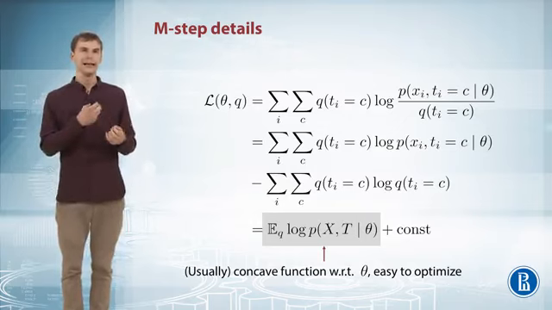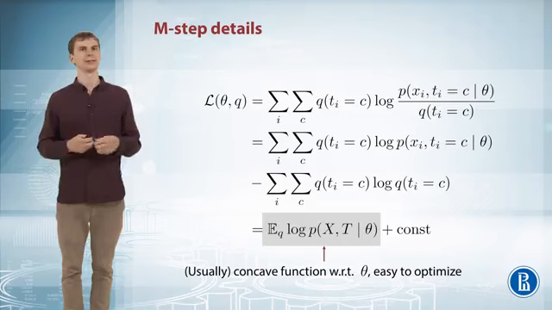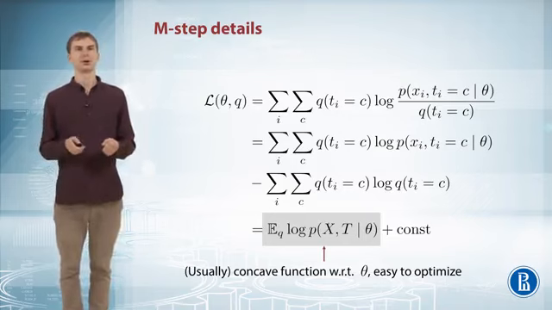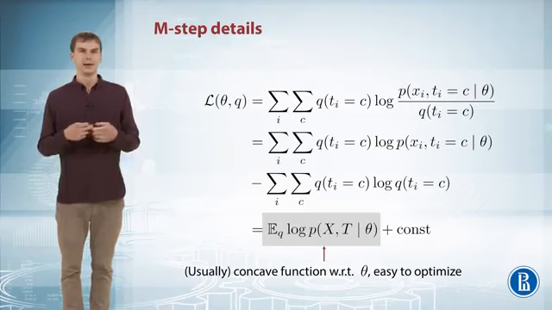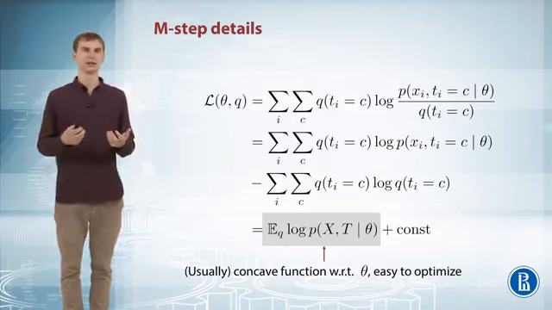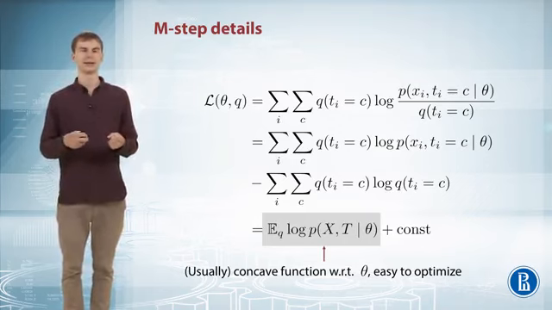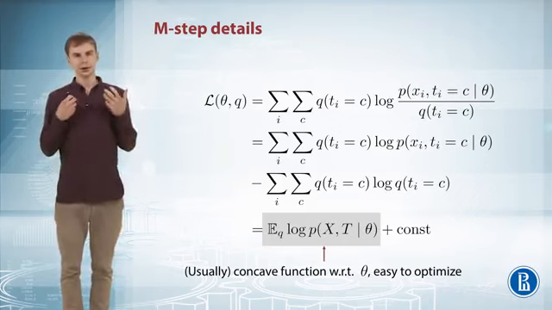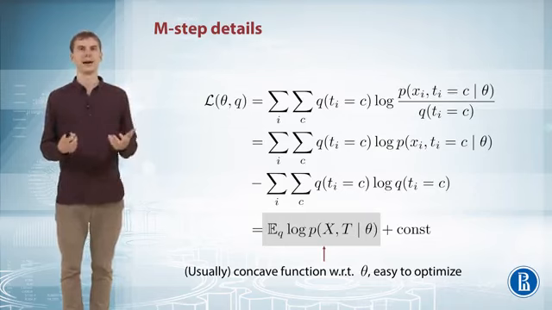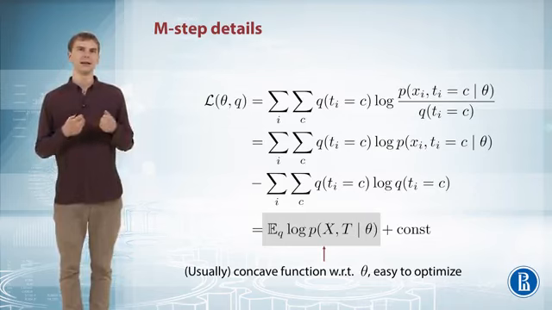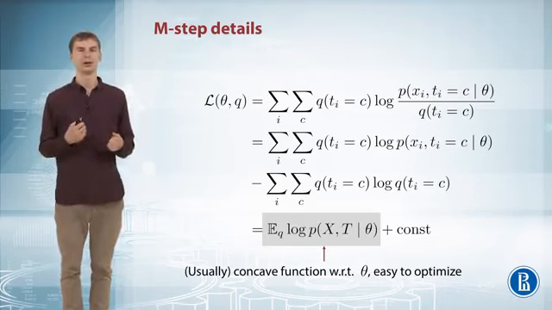And note that the expected value of a concave function is still a concave function. So, for example, in the Gaussian mixture model case, this joint probability P of x and t is Gaussian, and you can prove that the logarithm of the Gaussian is concave with respect to parameters, which means that first of all, this function has a unique global optimum.